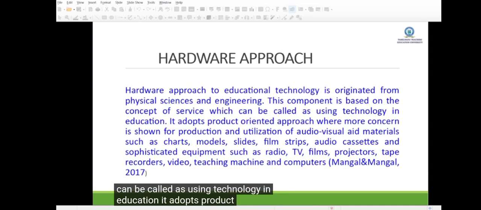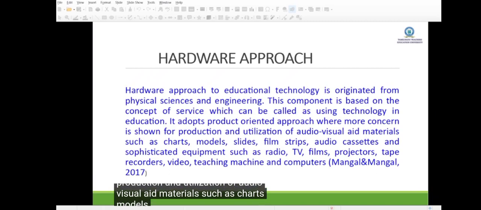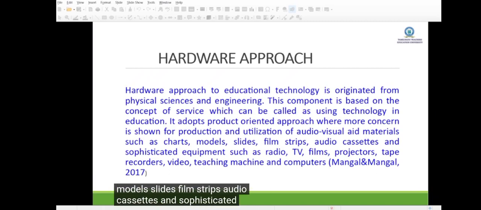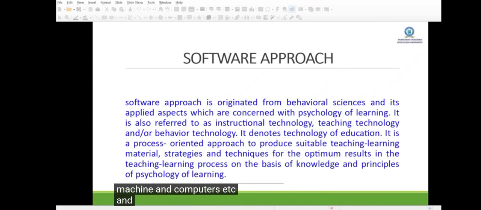It adopts a product-oriented approach where more concern is shown for production and utilization of audio-visual aid materials such as charts, models, slides, film strips, audio cassettes, and sophisticated equipment such as radio, TV, films, projectors, tape recorders, video teaching machines, and computers, etc.